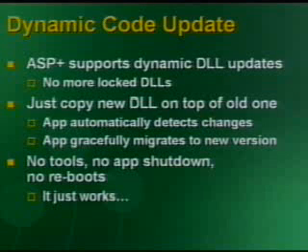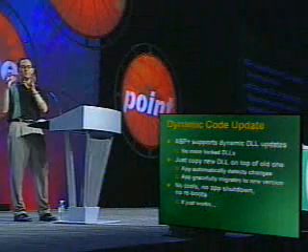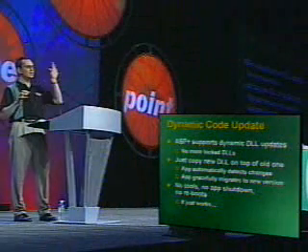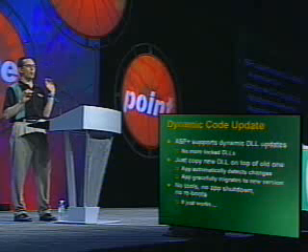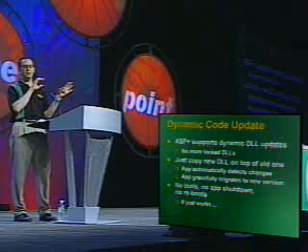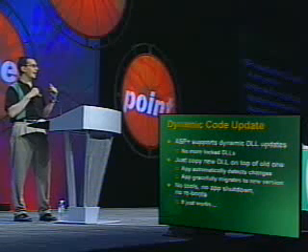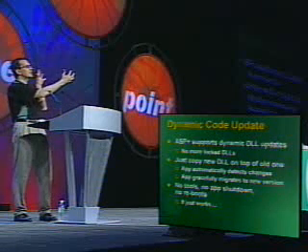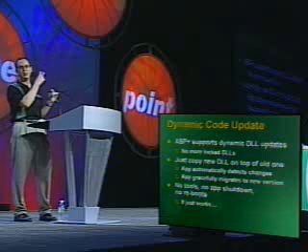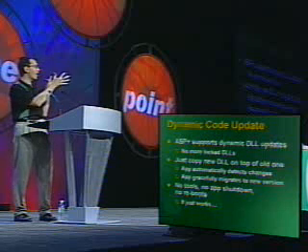We detect the fact that you have upgraded the component, and we gracefully migrate the app while it's running from the old version to the new version. So if you've got an app on an incredibly busy server, we're going to allow it to continue to process the requests that it's already in the process of processing.